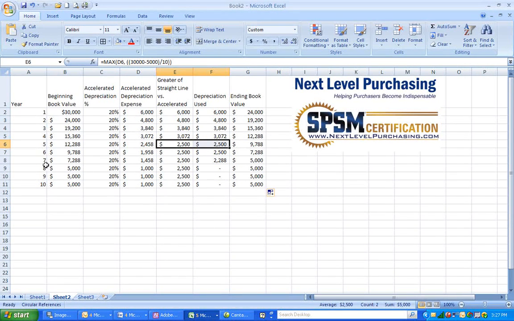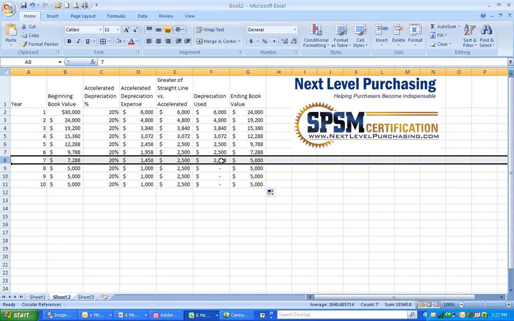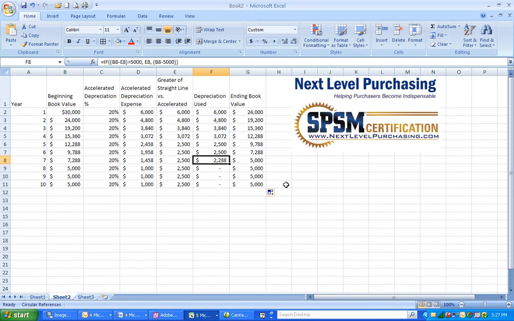Another thing that I'd like to point out is that here in the 7th year, using the greater of the straight line versus accelerated would take our ending book value below the salvage value, so in that case, we use a different depreciation amount. And then, in fact, we don't use any depreciation for these last 3 years because we can't go below the salvage value. So that is how you set up a spreadsheet to calculate double declining balance depreciation.